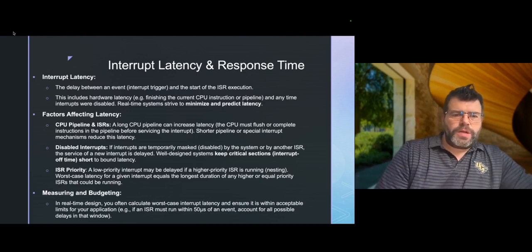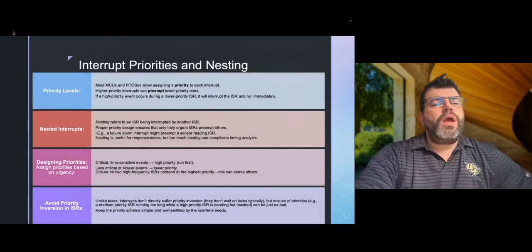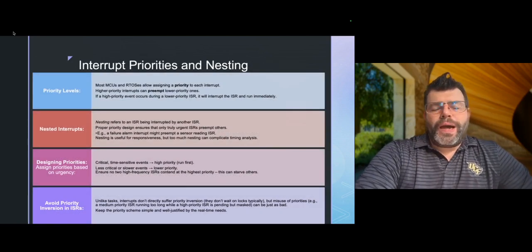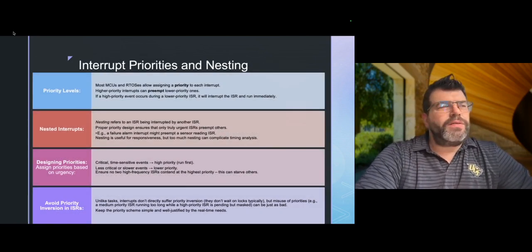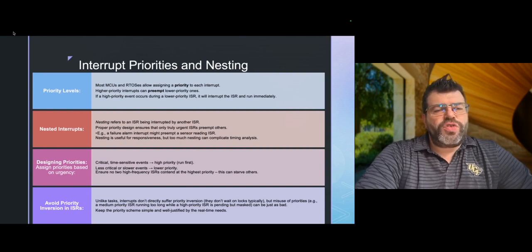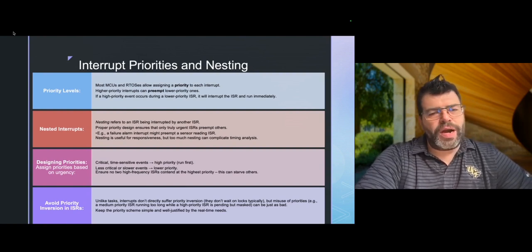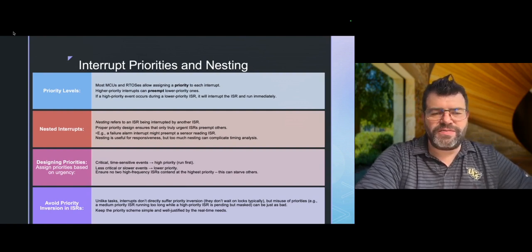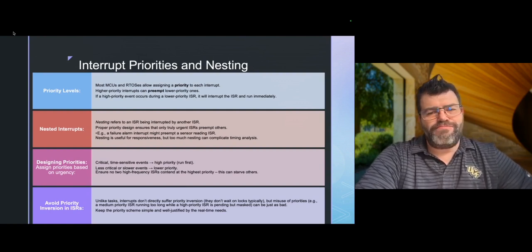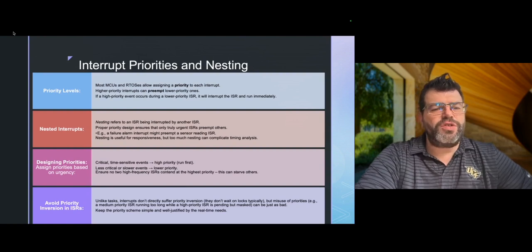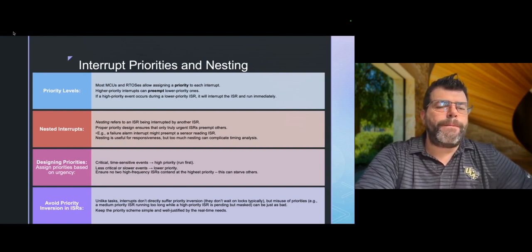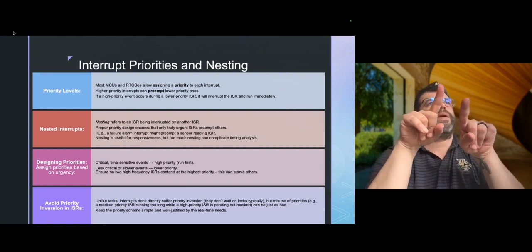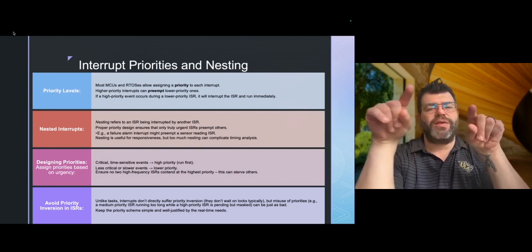So, all right. How should you go about doing this? Figuring out your priorities. Look, critical time-sensitive events should get high priority. Other things, right? Anything that's not critical time-sensitive, lower priority. The other big thing is you should make sure that you don't want multiple ISRs to have to ping pong back and forth between priority levels.